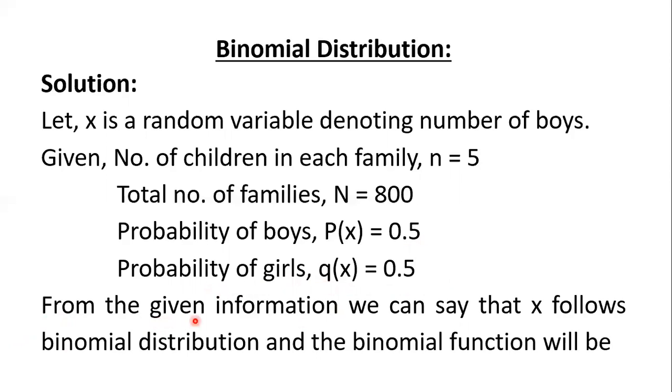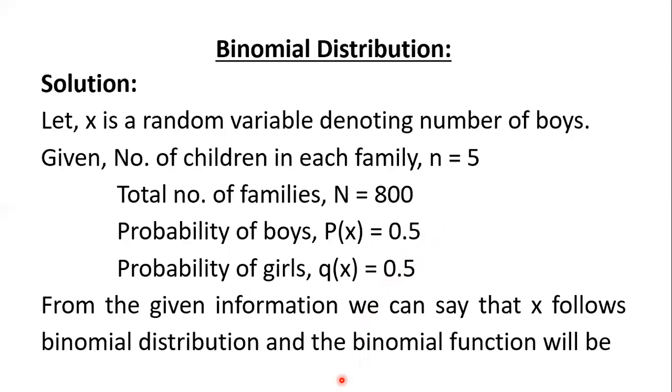From the given information, we can easily say that X follows a binomial distribution because here the number of trials n = 5, that is n less than 30, and the probability of success p is not very small.